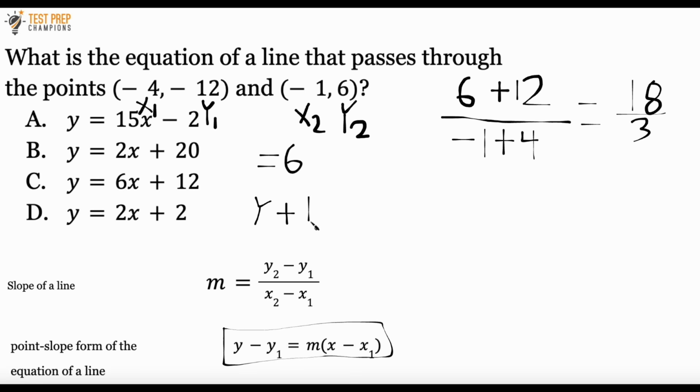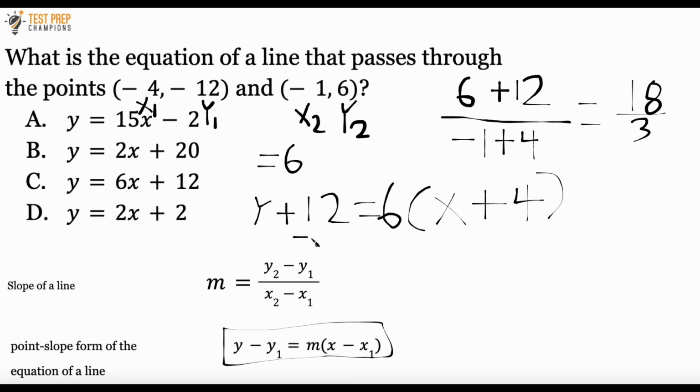So I have y plus 12 equals my slope, and we know that the slope is 6 times x minus x1. Now we know that my x1 is negative 4, so x minus negative 4 is the same as x plus 4. So here we go. We've got y plus 12 equals 6, parenthesis, x plus 4, parenthesis.